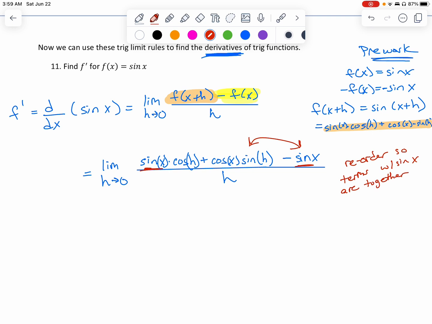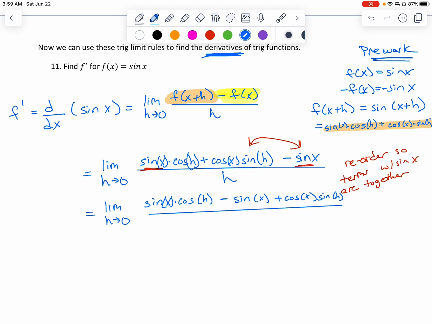So it's not going to change much. The first term stays the same. I'm just going to change the order, switching the sine of x with the cosine x sine of h. And everything else stays the same.